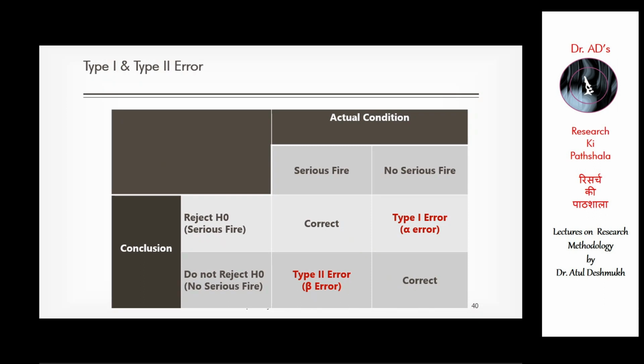The first example is related to a fire in the building. Those people who stay in Mumbai generally stay in multi-story buildings. In Mumbai there are no separate row houses or separate houses; these are multi-story buildings, and they have fire alarm systems at each floor, because if the building is 20, 30 or 35 floors, you should have an alarm at each floor in case of a fire breakout.